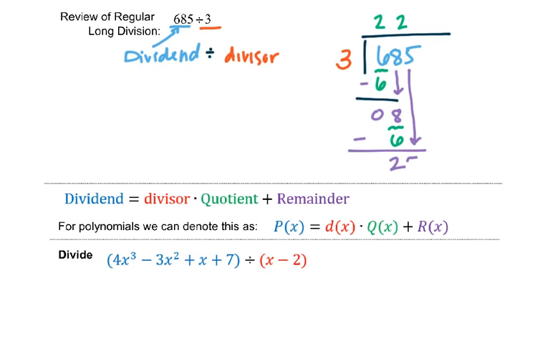Bring down the last number 5. 3 goes into 25 8 times. Can't go into 2, so we just put it into the 25. 3 times 8 gives us 24. And if we subtract here, we get 1, right? So 1 is my last value when I do that subtraction.